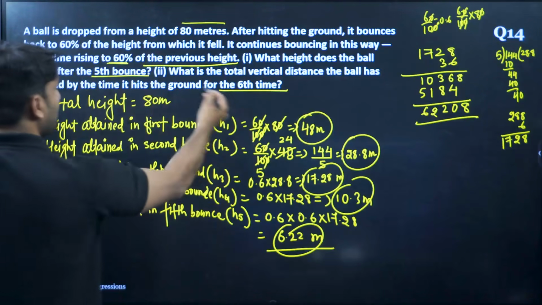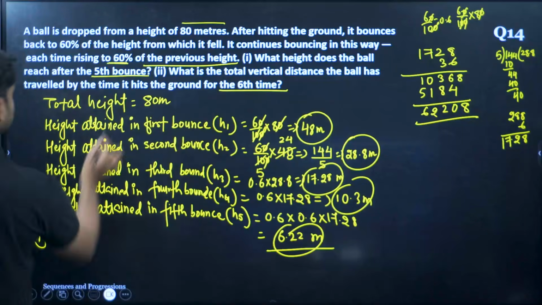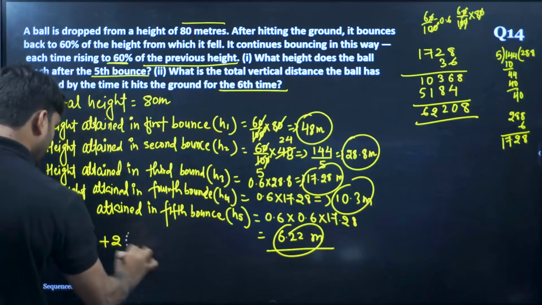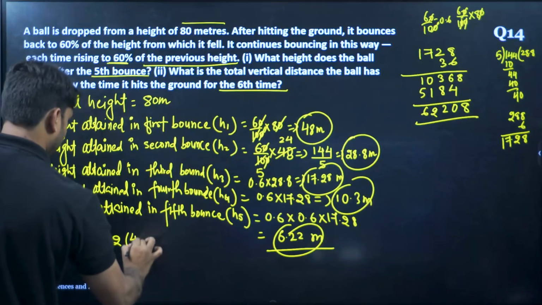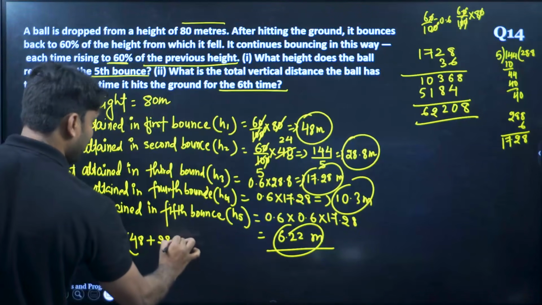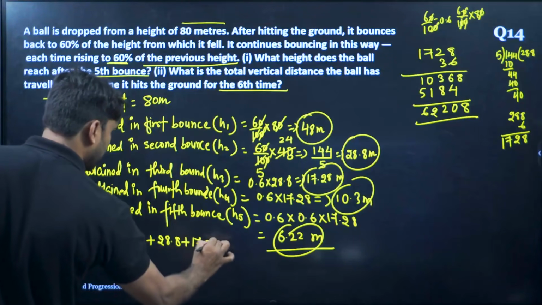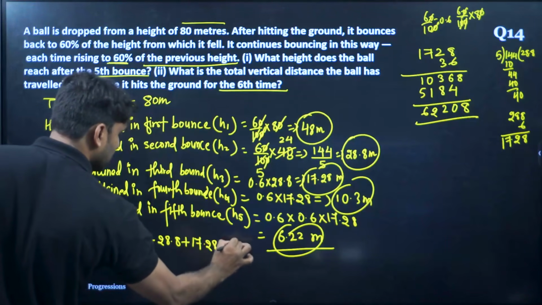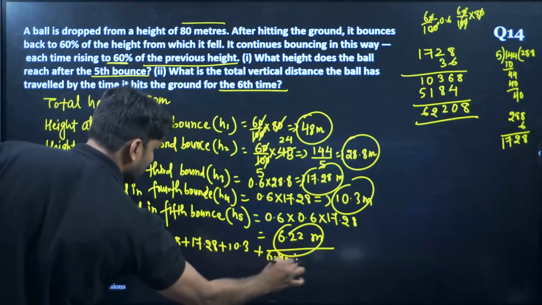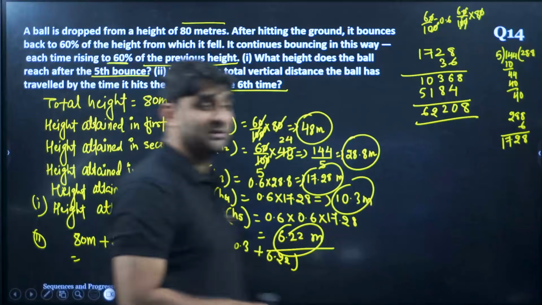So total vertical distance is 80 meter plus 2 into everything, 48 meter plus 28.8 plus 17.28 plus 10.3 plus 6.22. Add everything, please add and find out the correct final answer.